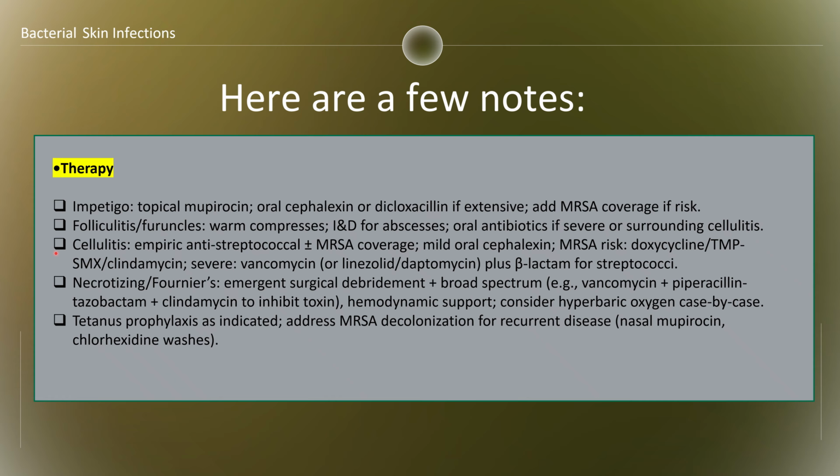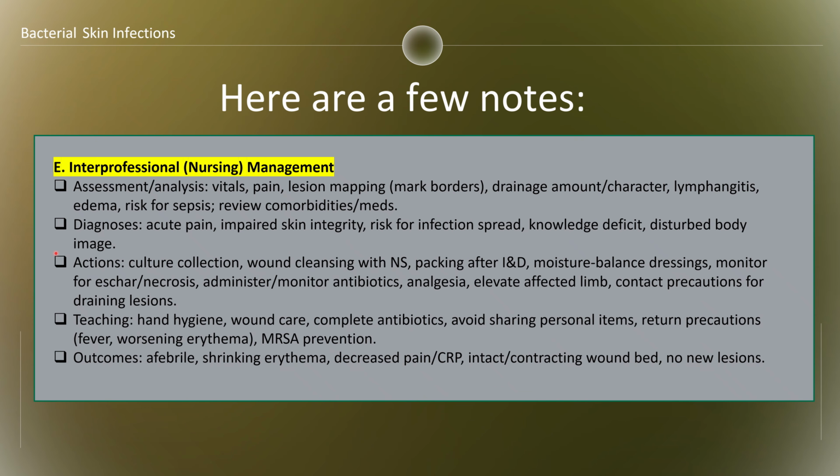For necrotizing infection, we have emergent surgical debridement with antibiotics. Tetanus prophylaxis as indicated. Then we have assessment for nursing management. The assessment includes vital signs, because of the fever. We need to know the fever, the blood pressure, and heart rate.